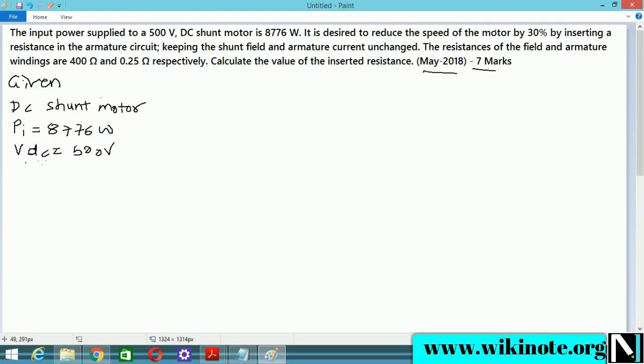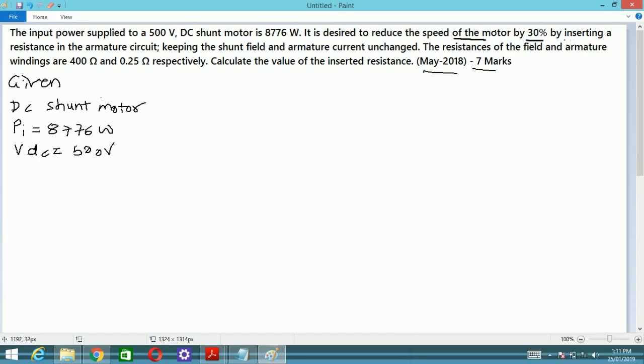Next, it is desired to reduce the speed of the motor by 30% by inserting a resistance in the armature circuit. So you have to reduce the speed by 30% from the initial speed. I will call it the new speed, denoted by N2, which is equal to N1 minus 30 upon 100 times the initial speed N1.